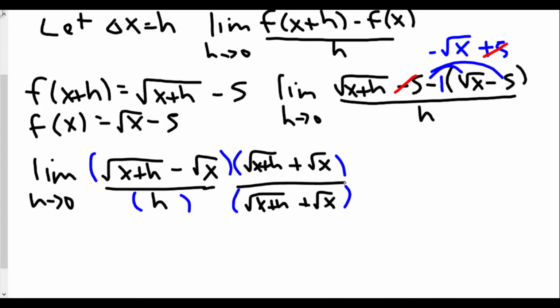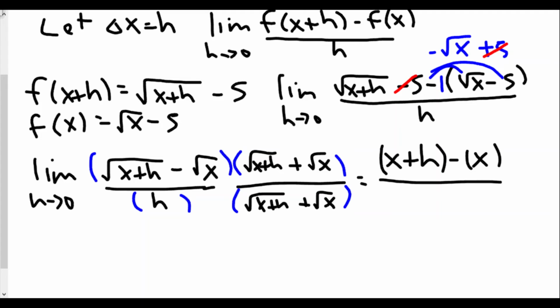Now, to make things easier for ourselves, we're just going to multiply the conjugates together. Multiplying conjugates is really the first one squared minus the second one squared, because the middle terms cancel out. So on the top of the numerator, we get x plus h minus x.